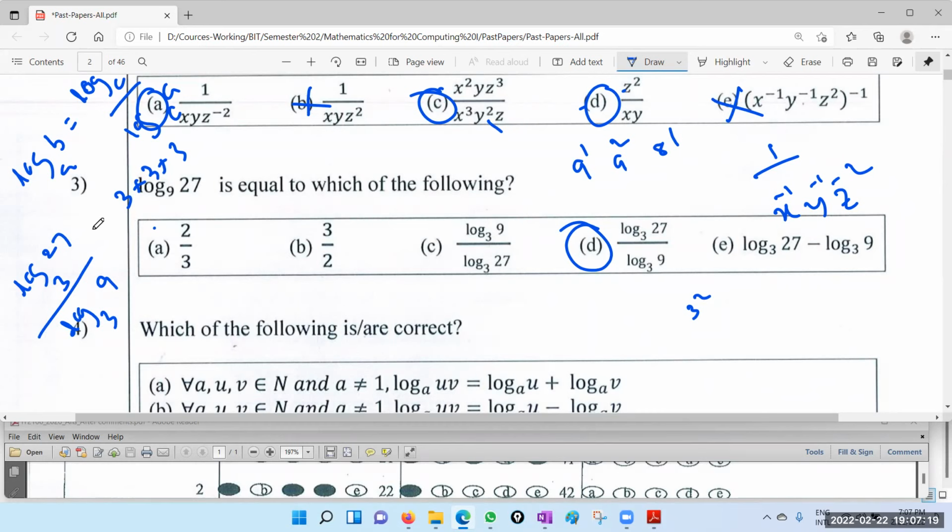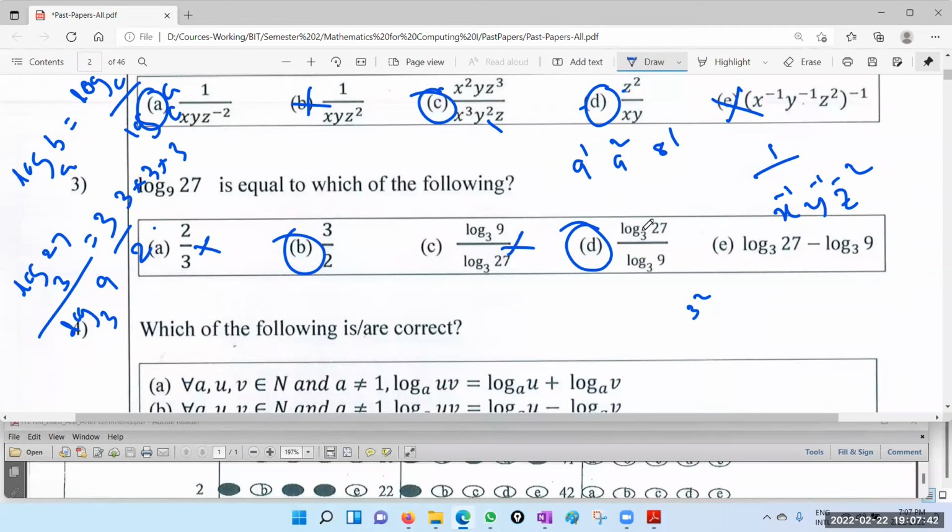So log 3 27 is 3 because 27 is 3 to the power 3, and log 3 9 is 2 because 9 is 3 to the power 2. So therefore 3 divided by 2 is also an answer. So when 3 divided by 2 is an answer, 2 divided by 3 cannot be an answer. So this is not an answer, definitely.